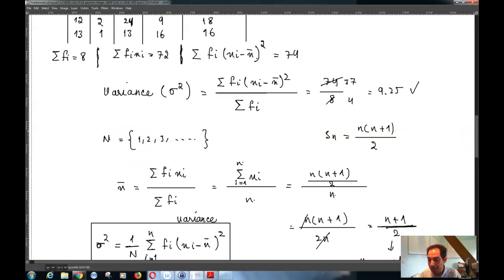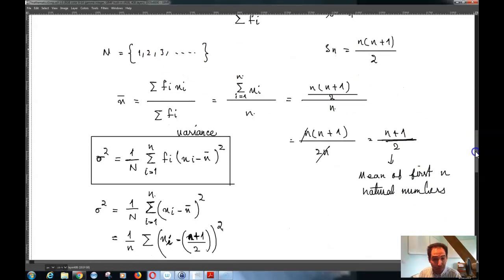So this n refers to the number of terms that you take, and then based on that you will get some number in this expression, and that is the mean of the first, for example, n natural numbers.